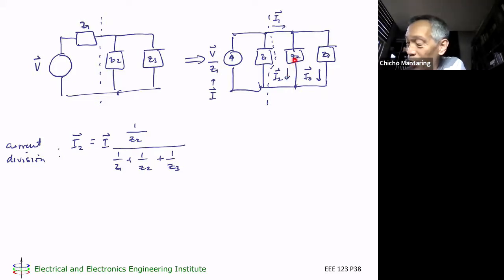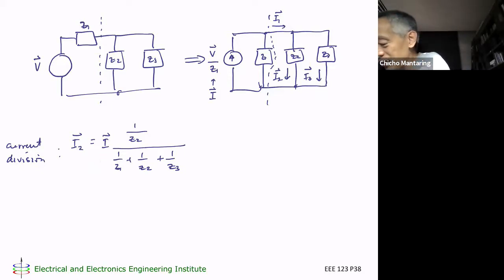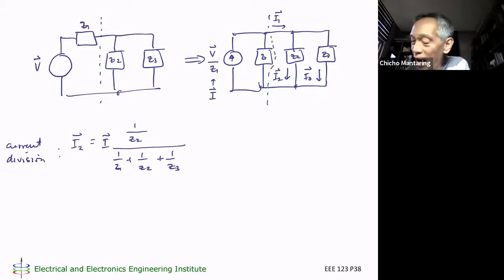I2 divided by 1 over Z2 is actually the voltage across this, because that's I2 multiplied by Z2 actually.